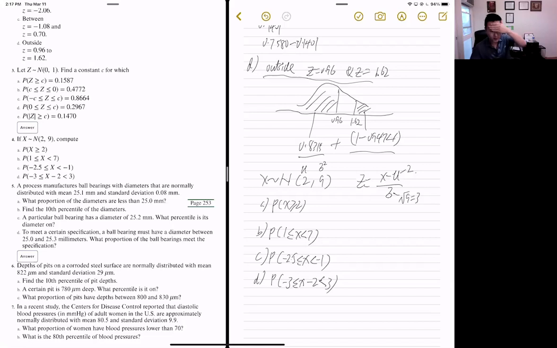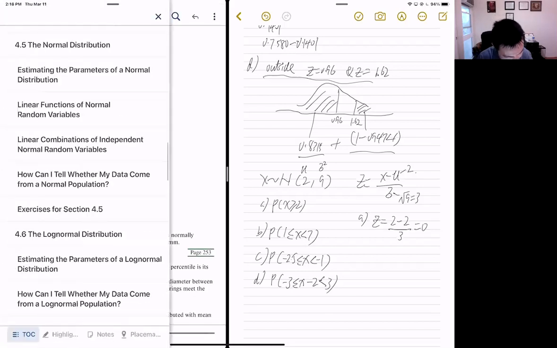All right. So the remaining will be the same as the previous question. Ask for x larger than 2. Okay. So we calculate the z-value for part A. So x is 2, mu is 2, sigma is 3. So z-value is 0.